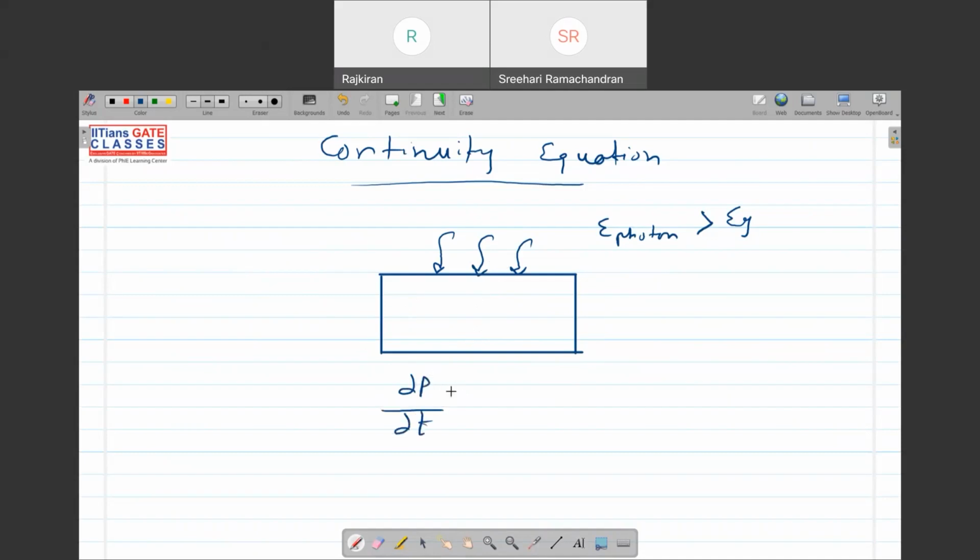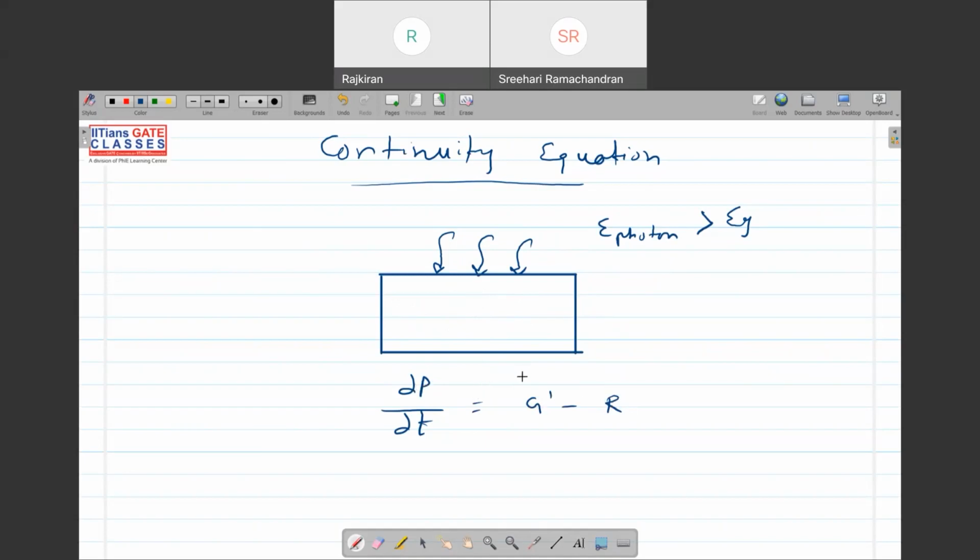I want to calculate the rate of increase of hole concentration per unit time, because holes and electrons are generated. This is equal to generation rate minus recombination rate, which will give me the net increase of hole concentration per unit time, right or not?